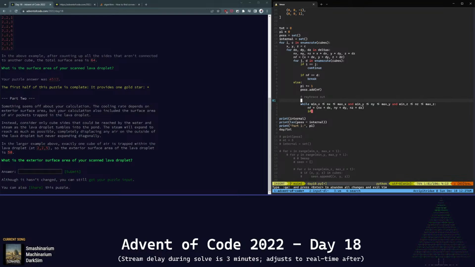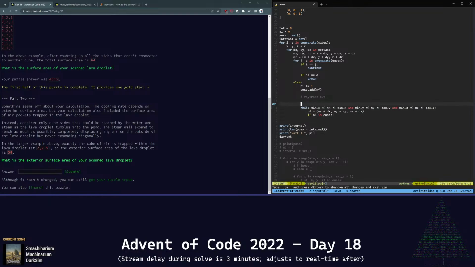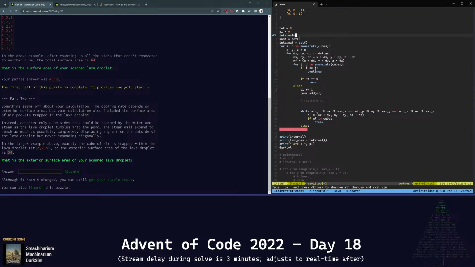So we check, if nf in cubes, then we will... internal, right? Internal faces.